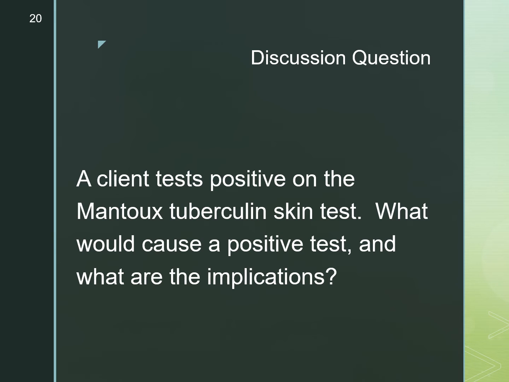Rather, it only means that the client's body tissues are sensitive to tuberculin. This could indicate that the client was exposed to the bacillus at some point in time. But once a person reacts positively to a Mantoux test, they will always react to that test. The physician may order chest x-rays or sputum cultures or blood tests for further evaluation.